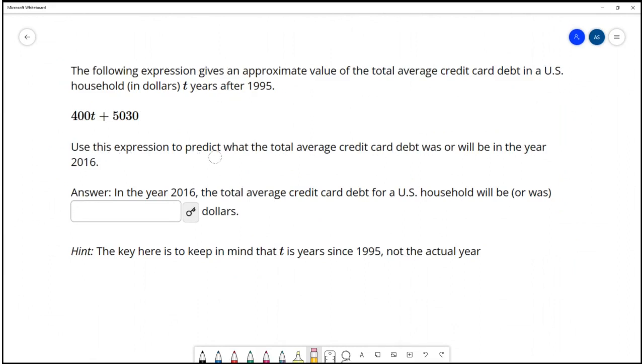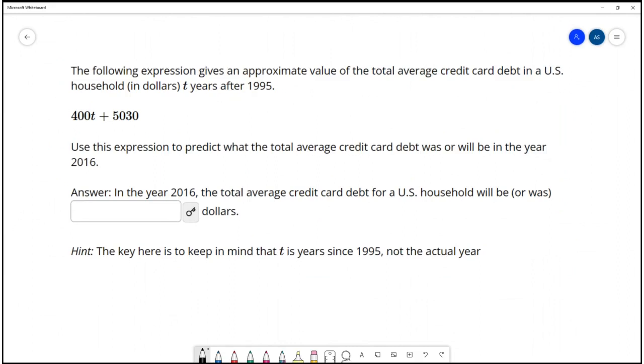Use this expression to predict what the total average credit card debt was or will be in the year 2016. We've got this hint down here. The key here is to keep in mind that T is the years since 1995, not the actual year.